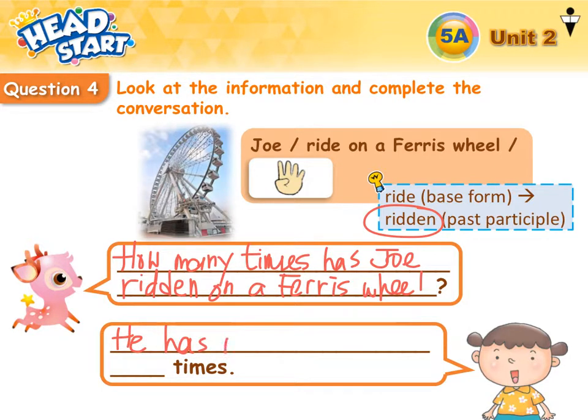He has ridden on a Ferris wheel, or you can say he has ridden on it. How many times? Look at the finger. 4. Just simply say 4 times. Done. Do you understand?